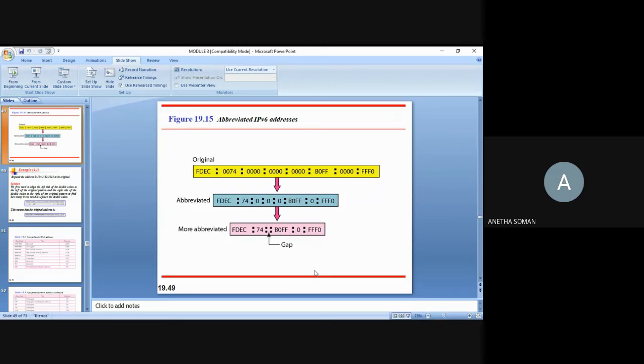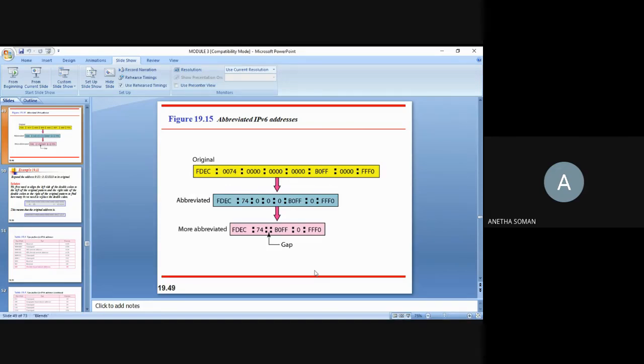Now, in the next 5th hour, I will be telling how you will be able to write it like that, the more abbreviated form. If you are given an address, how will you represent it in hexadecimal notation form? Okay, so IPv6 is 128 bits. 128 bits means 16 bytes. That 128 bits is divided into 8 sections. So each section is nothing but 2 bytes.